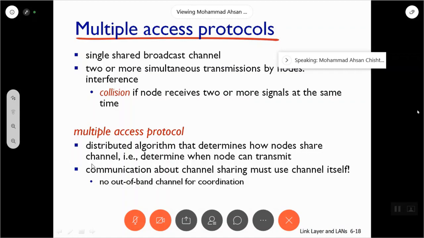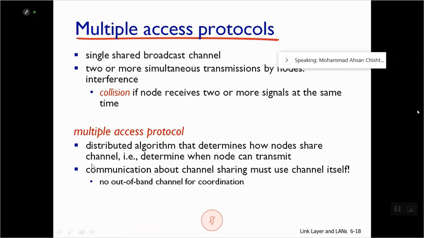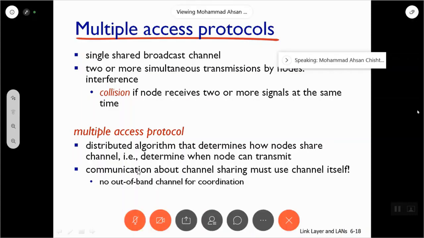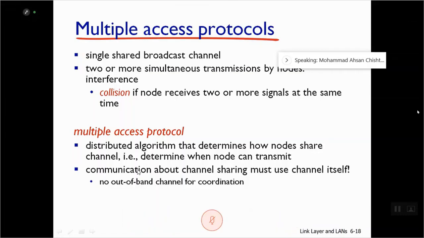Likewise, similar to this, in computer networks also, we have protocols known as multiple access protocols. Now, we are discussing nodes that are capable of transmitting frames, connected to the same broadcast link, and that can receive the frames at the same time.